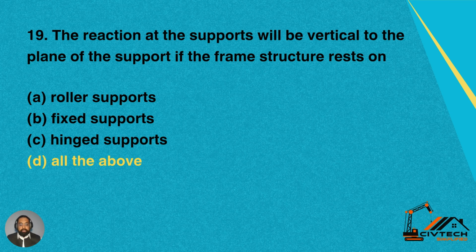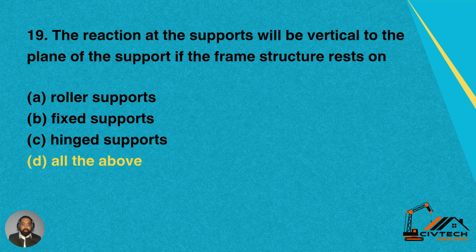Question 19. The reaction at the supports will be vertical to the plane of the support if the frame structure rests on: option A, roller supports; option B, fixed supports; option C, hinged supports; option D, all of the above.